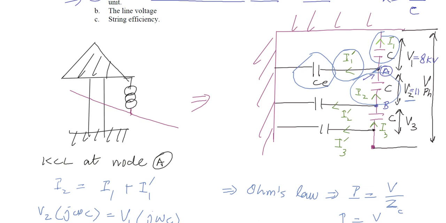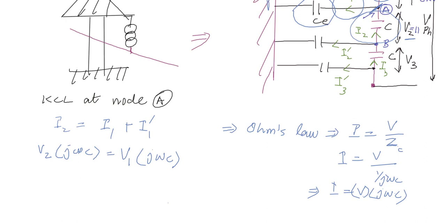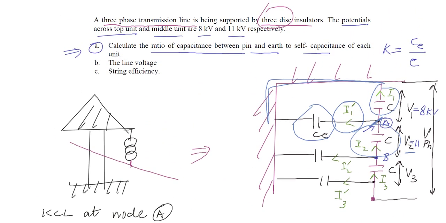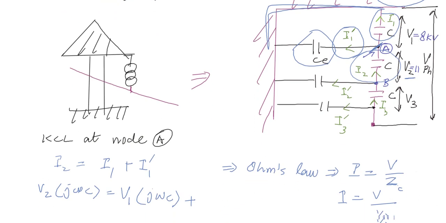As you can see, this node and the other node are connected together, as the whole tower is at ground potential, at the same potential. So this one can be written with the capacitance CE, as we wrote above, CE can be written as K times C.